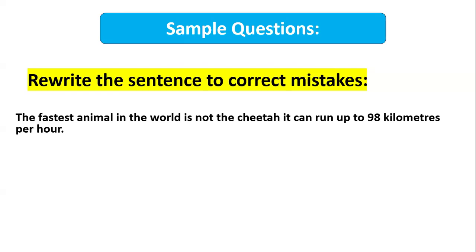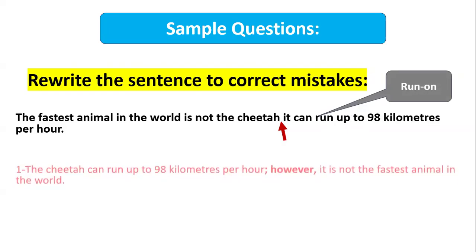We have something long with only one full stop at the end. So it seems that there is a missing punctuation mark here. What do we call this? We call this a run-on sentence, right? So how can we fix this?